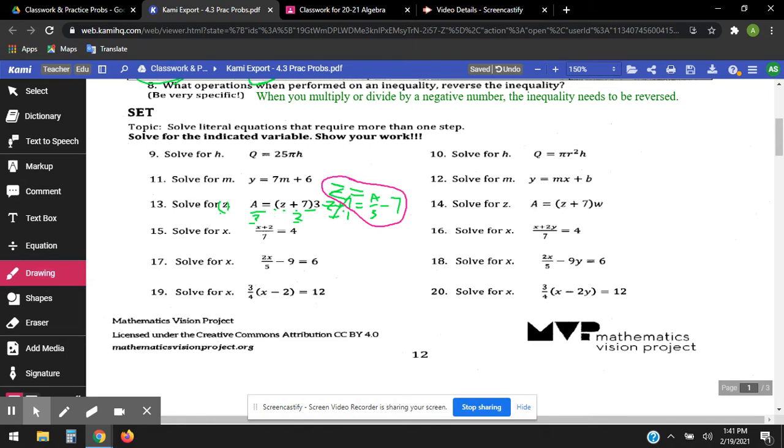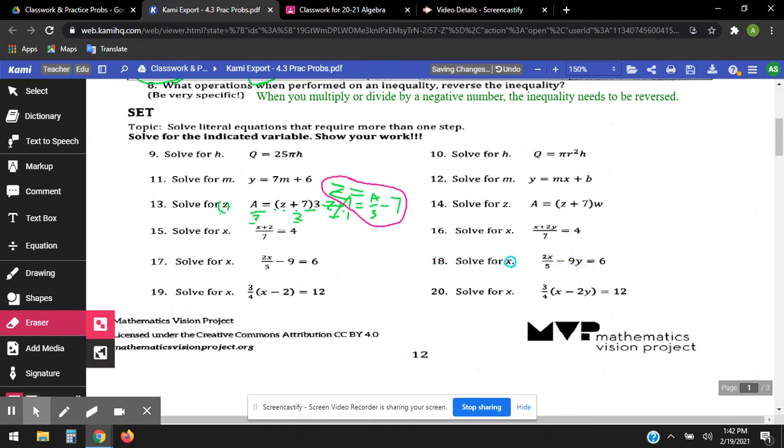All right, we did one with parentheses. Let's do one without parentheses. Let's try 18. It looks a little more complicated. So I want the x by itself, solving for x. So I need to start with adding 9y.